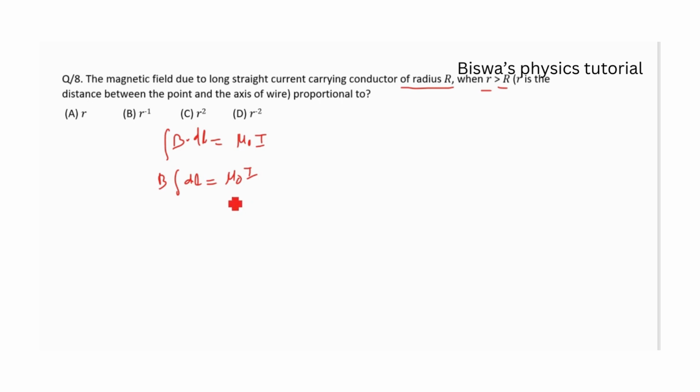So the integral of dl is equal to mu 0 into I. Mu 0 is constant. Now in place of dl, as it's a wire, we have to find its circumference, which will become 2 pi r.